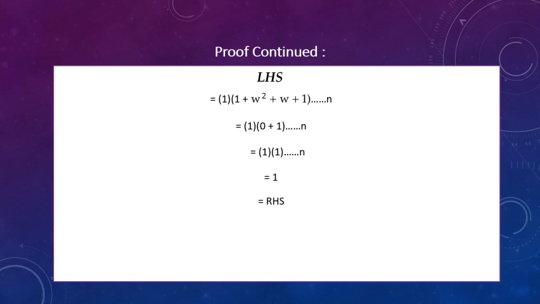So we will have 1 plus omega square plus 1. This will be equal to 0. So we have 1 into 1 up to n. So if we multiply 1 into 1 into 1 into 1 up to so on, the answer will be equal to 1, which is equal to left hand side is equal to right hand side, hence it is proved.